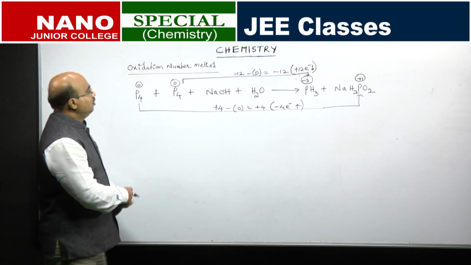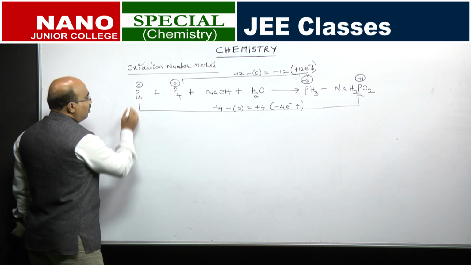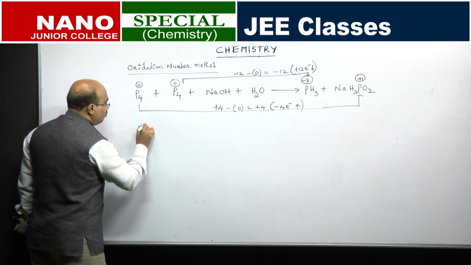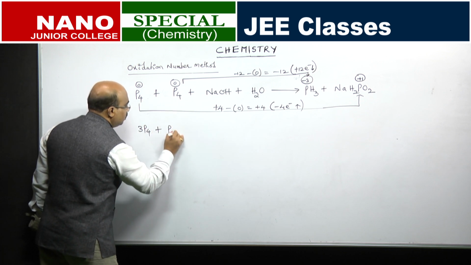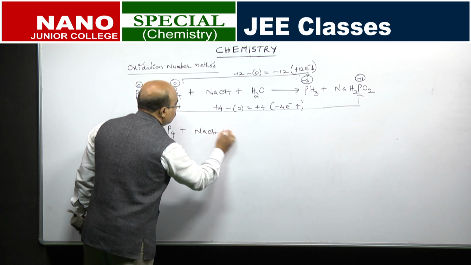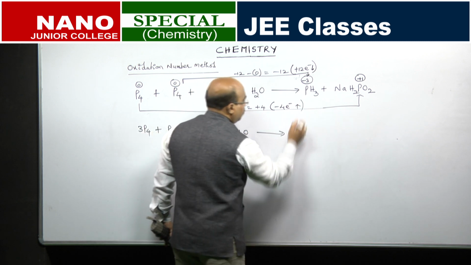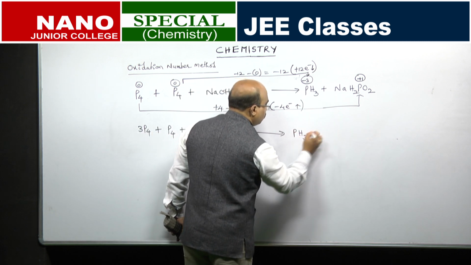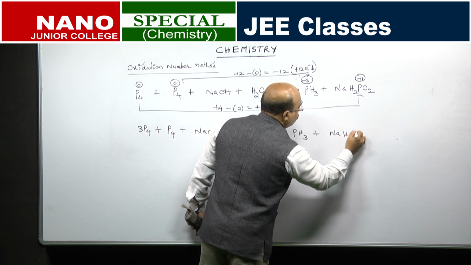So, what will we do? Make it 3. So, let us say now 3 P4, this is what we have done, plus P4 plus NaOH plus H2O plus PH3, you can write 4 also, plus NaH2PO2.